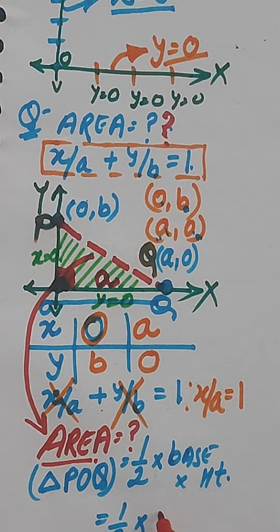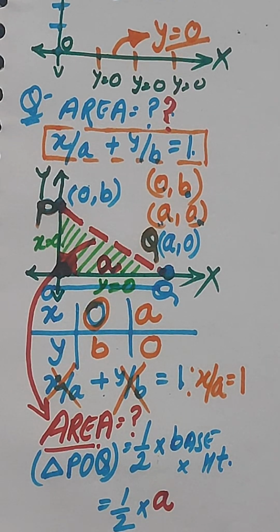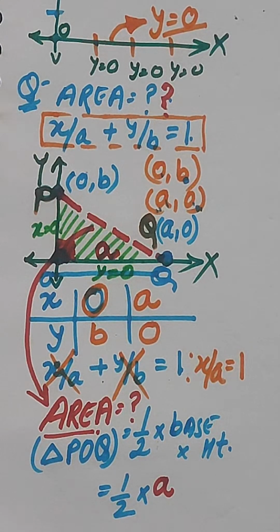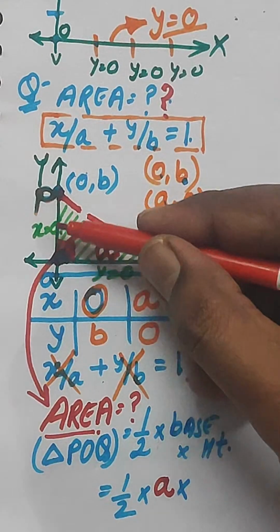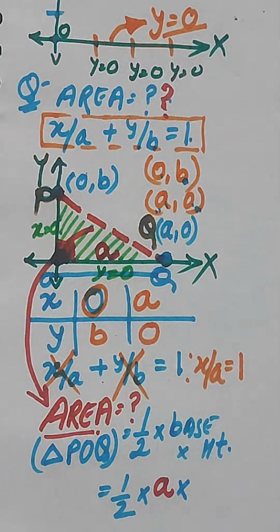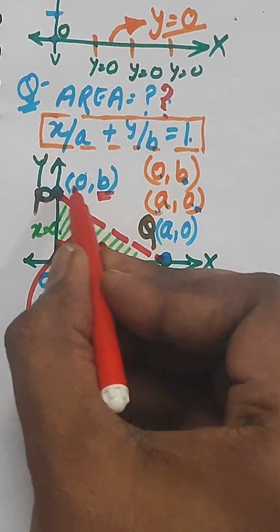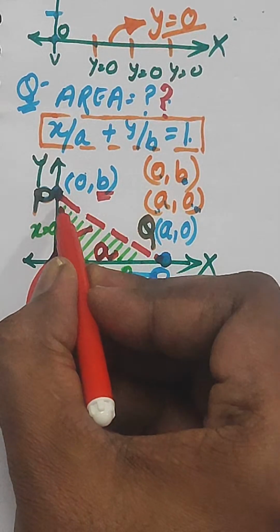So just write a in place of base. And what will be the value of height? Height will be this one, and you can see the coordinate of y on the y-axis is b.